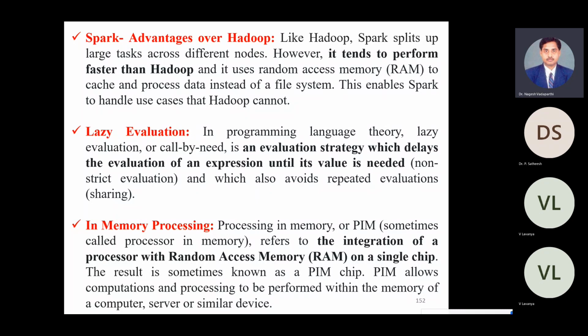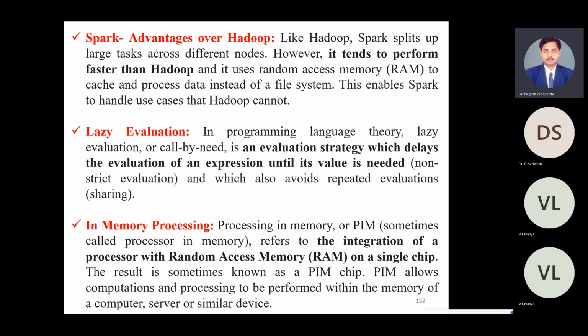Next concept is lazy evaluation. What is meant by lazy evaluation? In any programming language, Spark supports Python, Java, or Scala. In language theory, lazy evaluation or call by need is an evaluation strategy which delays the evaluation of an expression until its value is needed. Like a plus b within the parenthesis minus a star b within the parenthesis.